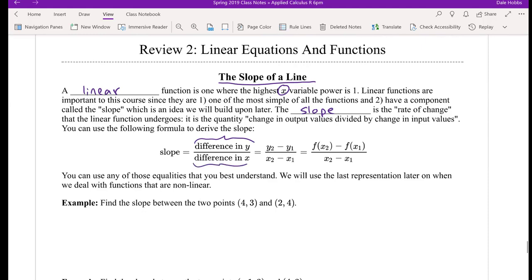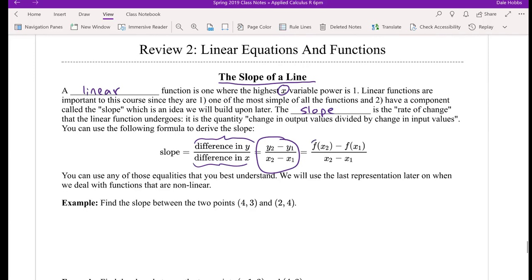Some people maybe remember the formula from algebra, where you have y2 minus y1 over x2 minus x1. That formula definitely will still work, and we'll show you how to put that into play in the example below. There's a new formula for it, kind of the same way, if you have a function.